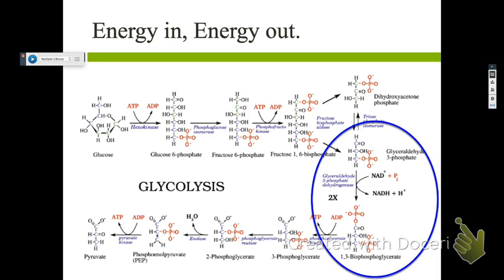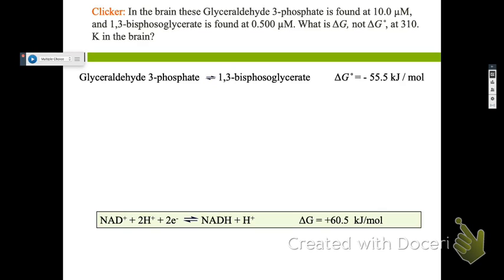So, do you guys want to know how this reaction actually works? Go ahead and calculate your Gibbs free energy at non-standard conditions for this reaction of glyceraldehyde 3-phosphate being converted to 1,3-bisphosphoglycerate.